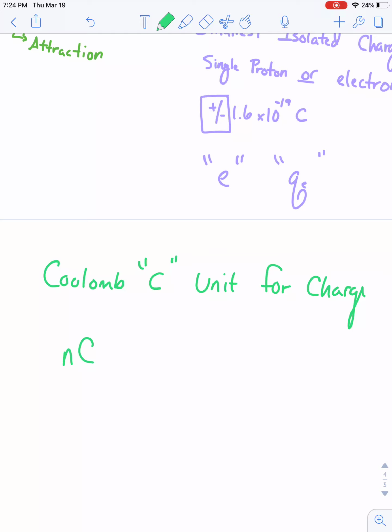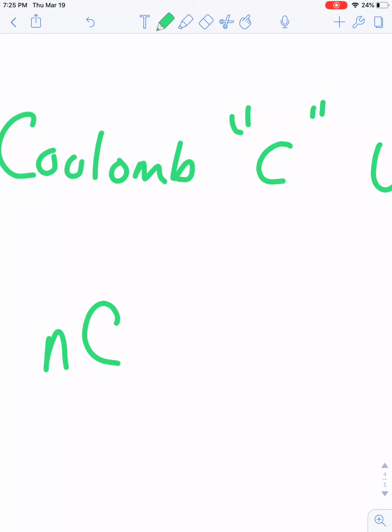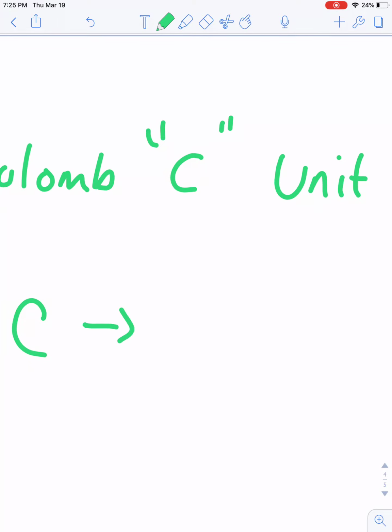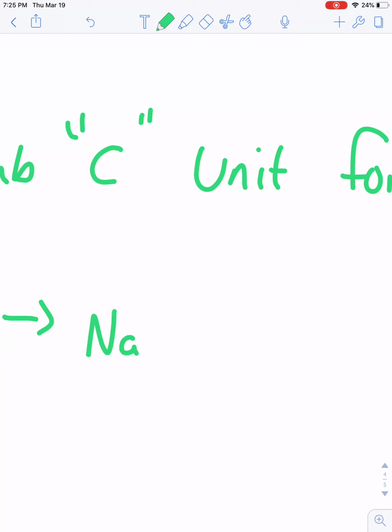An incredible amount. So coulombs are a very, very large amount. Like 1 coulomb is an extremely large amount of charge on an object. A lot of times, they'll measure it in nanocoulombs, which you'll see as lowercase n, capital C. That is a nanocoulomb.